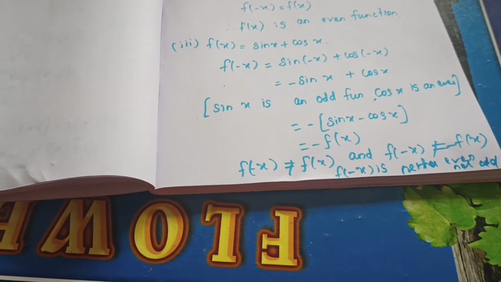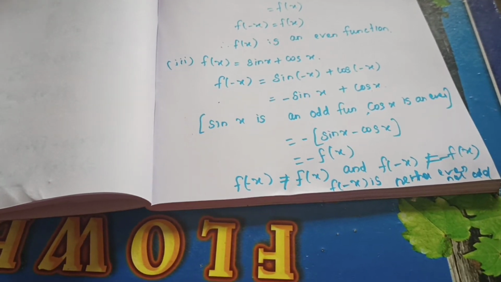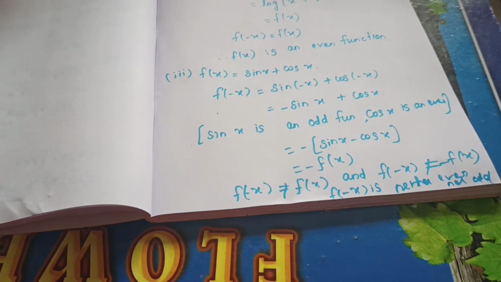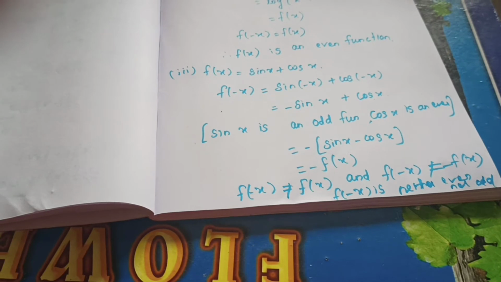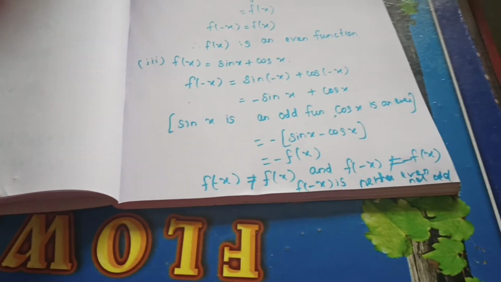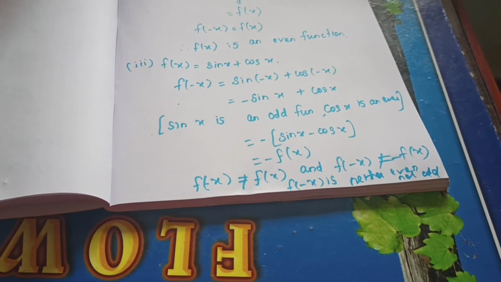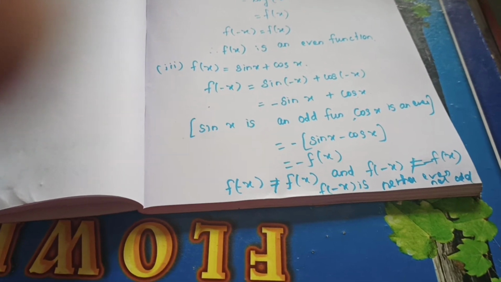See there, minus sin x plus cos x. Is it right? It's not the same as f of x. So if you are taking that minus outside, you got sin x plus cos x, that's equal to minus f of x. Is it right? So here f of minus x is not equal to f of x, and likewise f of minus x is not equal to minus f of x, so it is neither even nor odd.